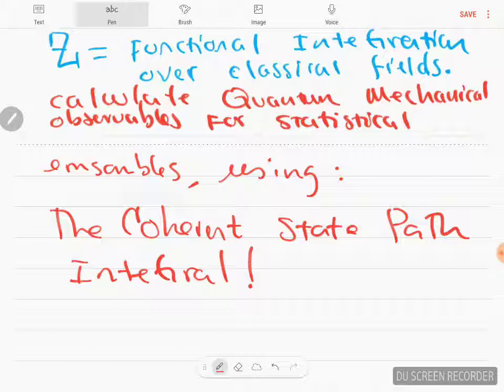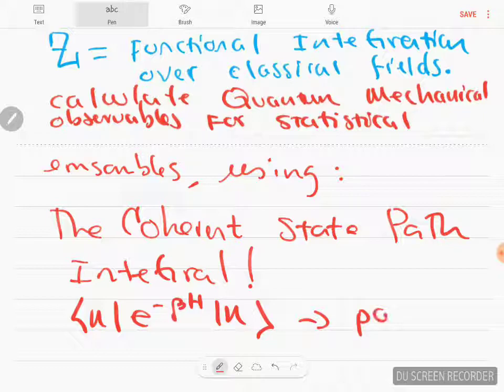So I recommend you watch my review on Feynman path integrals to see where the idea of calculating transitions of the form bra n, e to the minus beta h, ket n as path integrals came from. I will give you a clue. This came from Kubo.